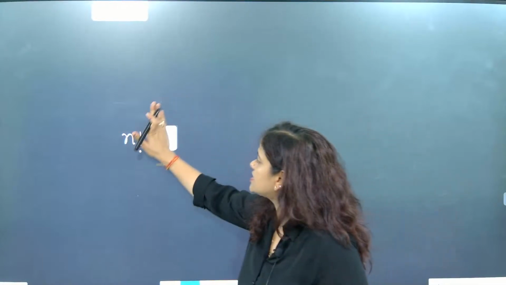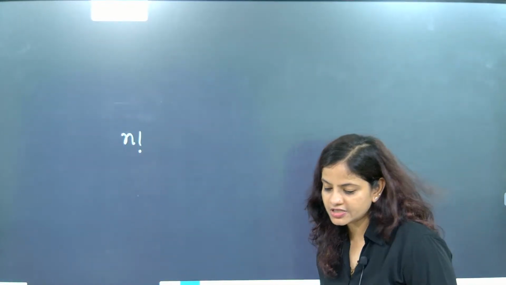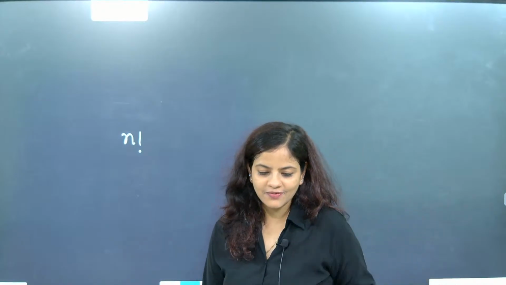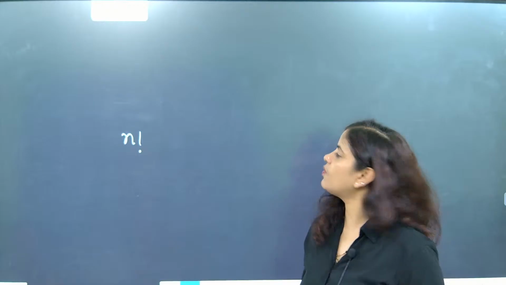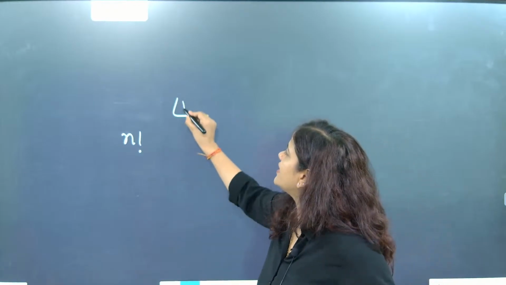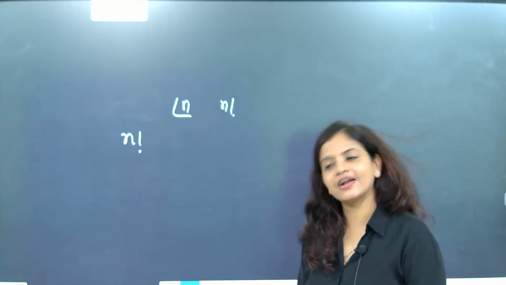So now this is exactly n factorial. When you write n factorial, it will be in either symbol. So these are the two symbols for factorial. Got it?